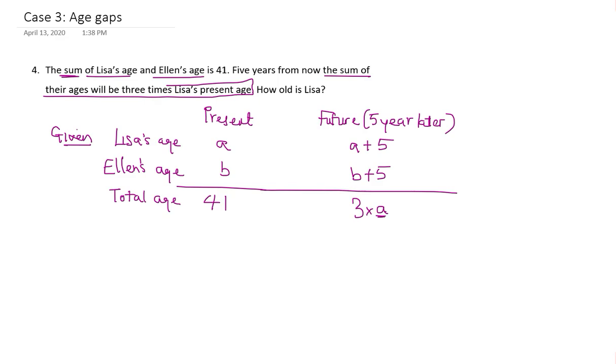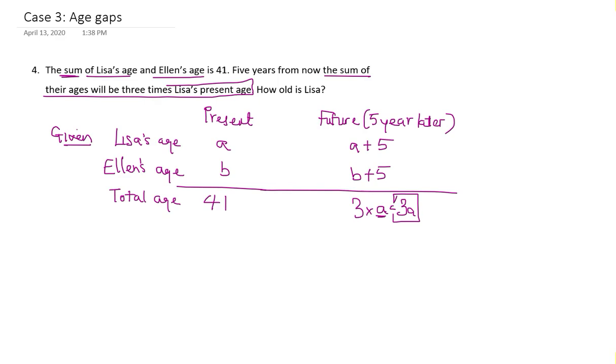So 3 times A is equal to 3A. So Lisa's age is 3A 5 years later. So what we have to do now is, that is for the total age. So the total age here is equal to 3 times Lisa's present age, which is that right there.